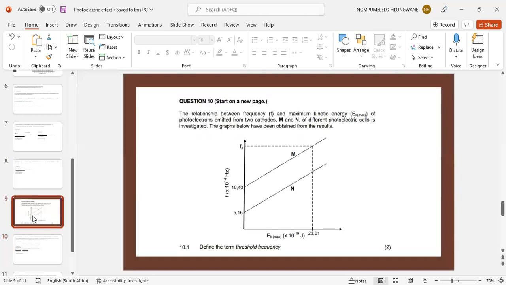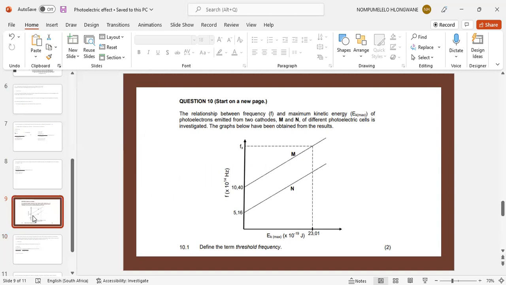These frequencies are the minimum frequencies needed to eject electrons from a metal surface. Remember, I said the frequency of light that is shone onto a metal surface is directly proportional to its energy, which means if it has a high frequency, it also has a high energy.